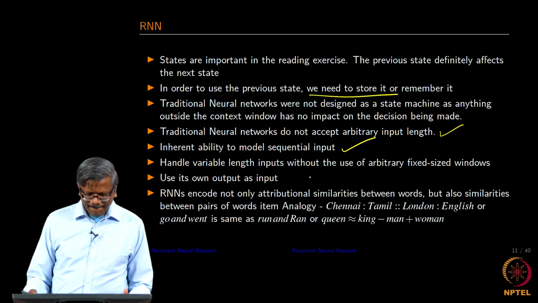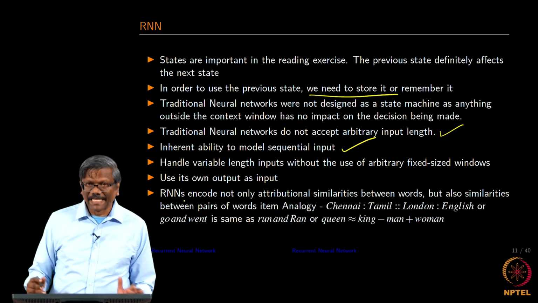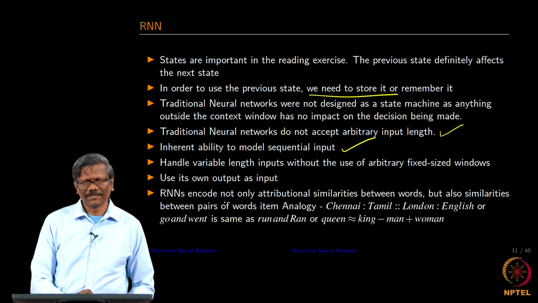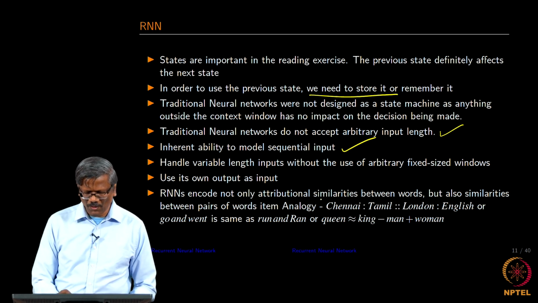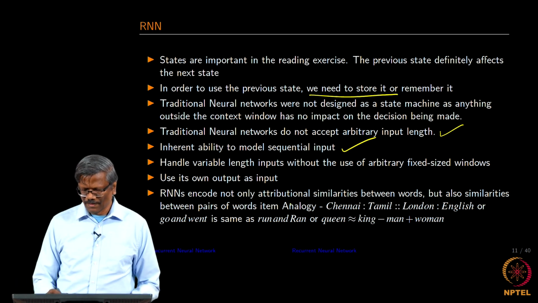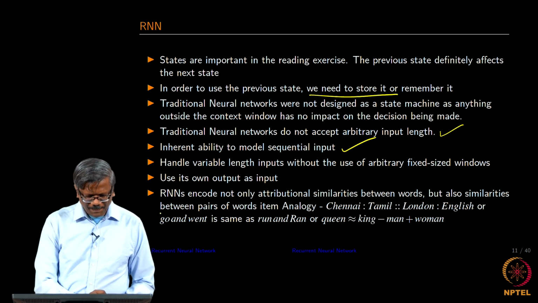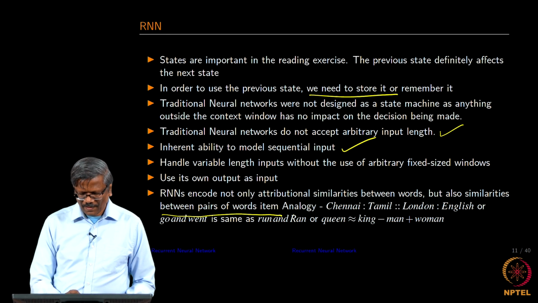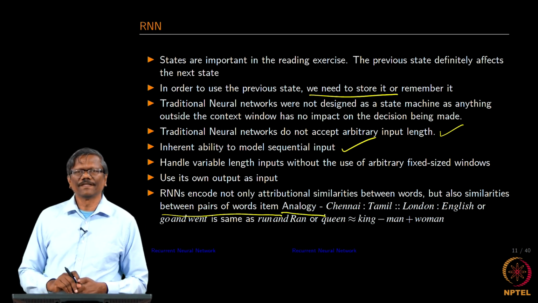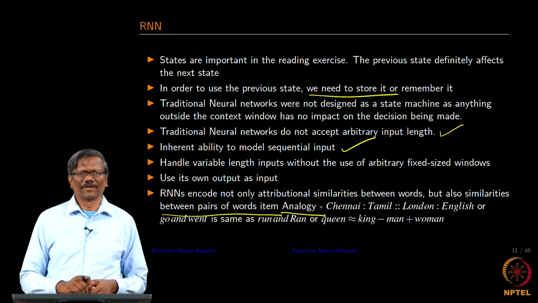We will also see later that the RNNs do not just encode the similarities between words, but also between the pair of words. It also creates the similarity and finds out the analogy.